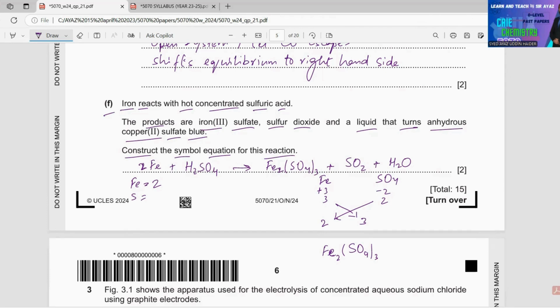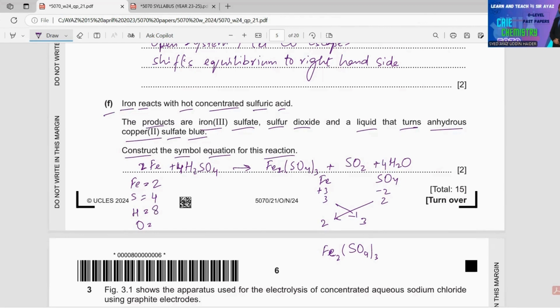So what if I write 4 before H2SO4? Sulfur is 4 here, it's balanced. What about hydrogen and oxygen? Hydrogen, 4 twos are 8, so I will write 4 before H2O. Hydrogen is balanced.